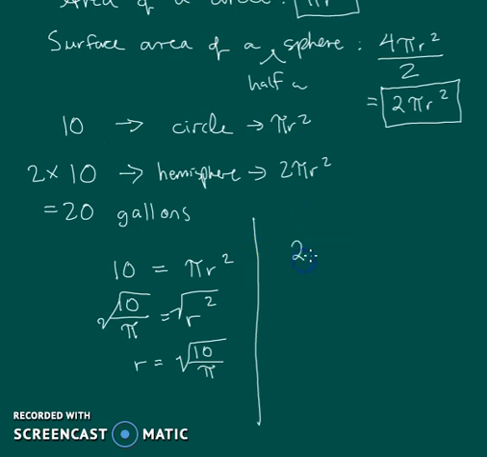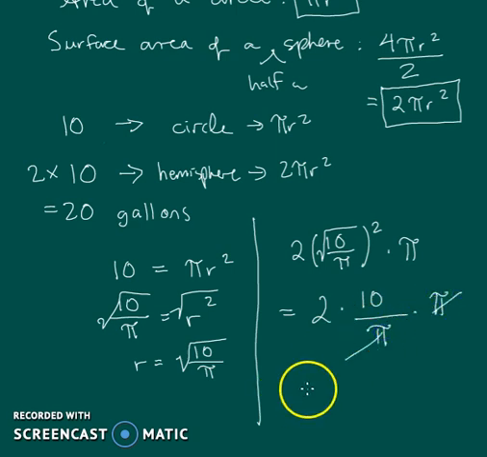So you would write 2 times the square root of 10 over pi, squared, times pi, and that would give you 2 times 10 over pi times pi. The pi's would cancel out, and you are once again left with 20 gallons. So a short way and a long way to finish the problem.